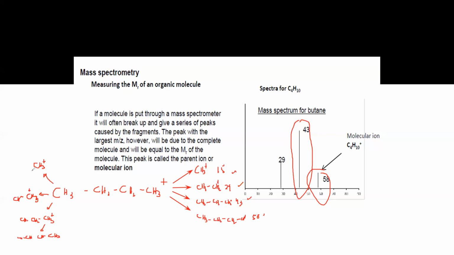So the peaks will be 15, 29, 43, and 58. Basically, identical peaks are there. So you will get a peak at 15, at 29, 43, and 58.